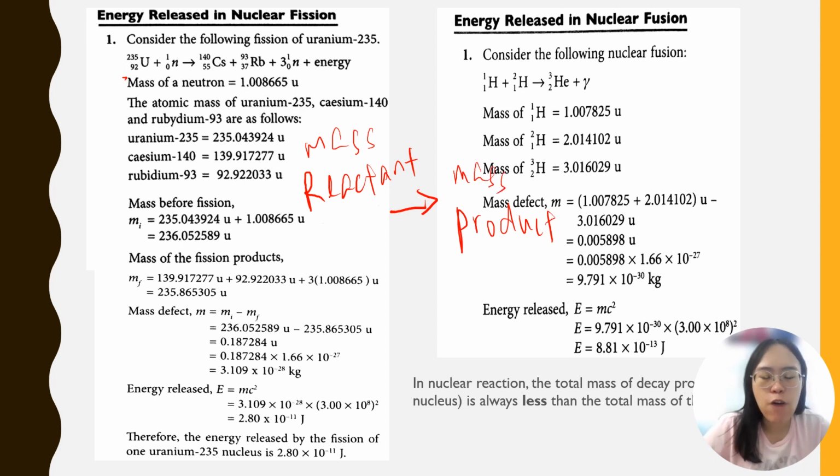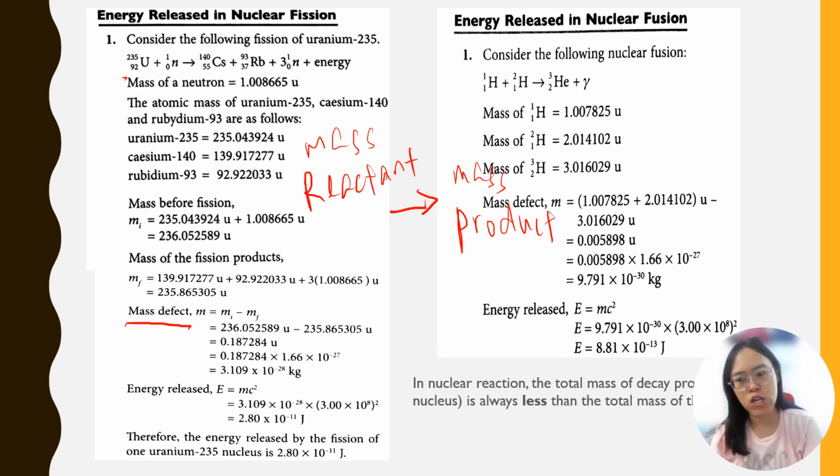Okay, the mass of each and every radioactive substance and also the neutron will be given. So in order to find the mass defect, because I said E equals mc squared where m is the mass defect, the mass defect will always be the reactant minus the product. Whether it is nuclear fission or nuclear fusion, it always uses reactant minus product.